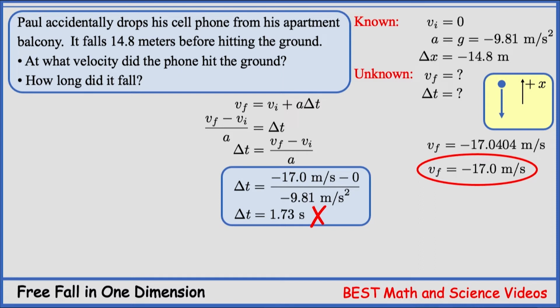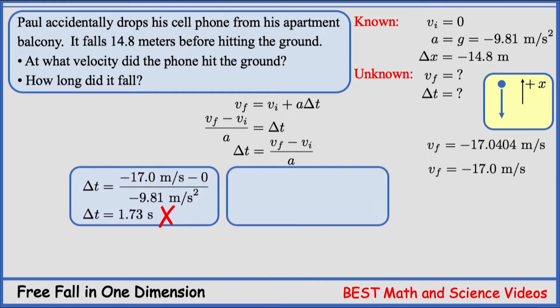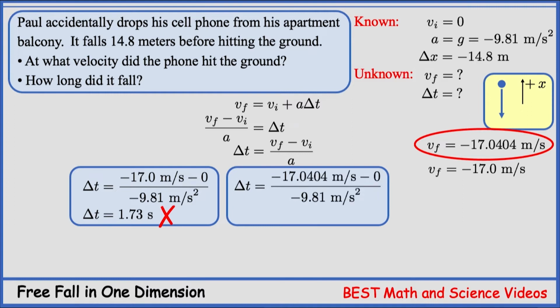When you solve a problem with multiple calculations, you have to use the intermediate calculation before it is rounded to the correct number of significant figures. When we substitute the intermediate speed, negative 17.0404 meters per second, we find that delta t is 1.74 seconds, and this is the correct answer.